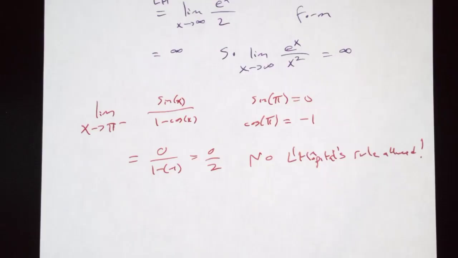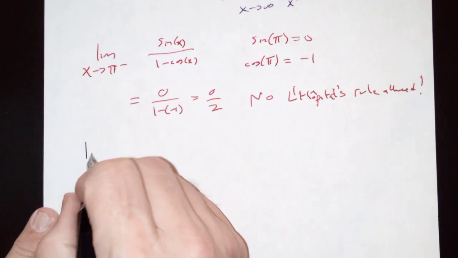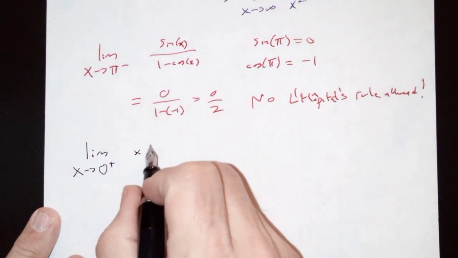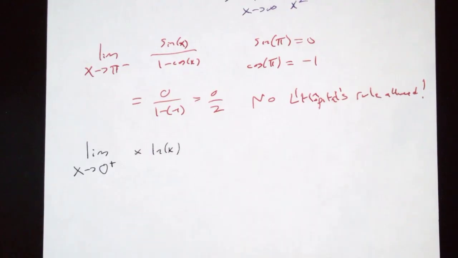Let's consider this limit. The limit as x approaches 0, what's the little plus mean? Right. From the right, x times ln of x. The reason I need to approach from the right is because ln of x only exists for positive values. I can't have a negative get plugged into my ln.